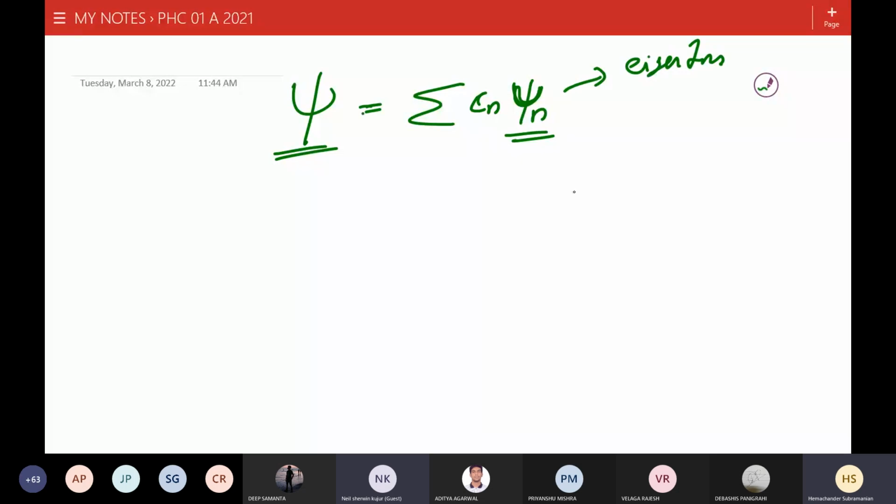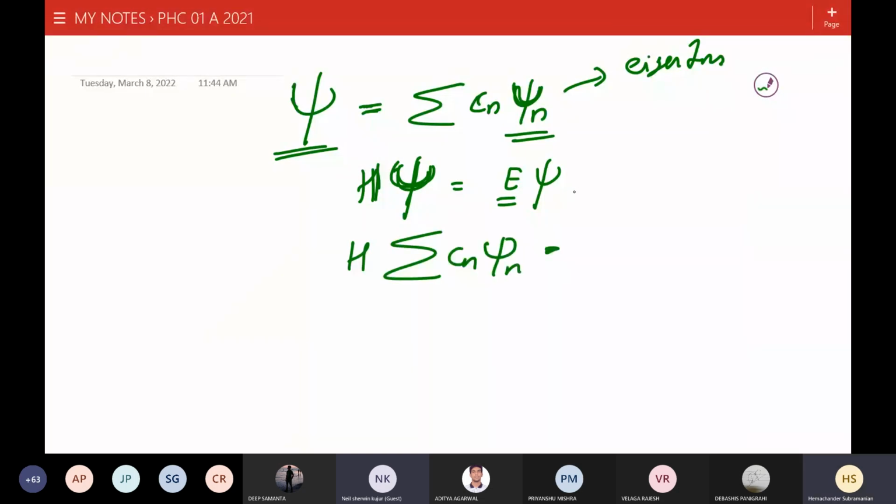Now let's use this psi on H psi equals E psi and figure out what this E is. If you apply that, then H on the summation of Cn psi n is the summation of Cn En psi n, right?